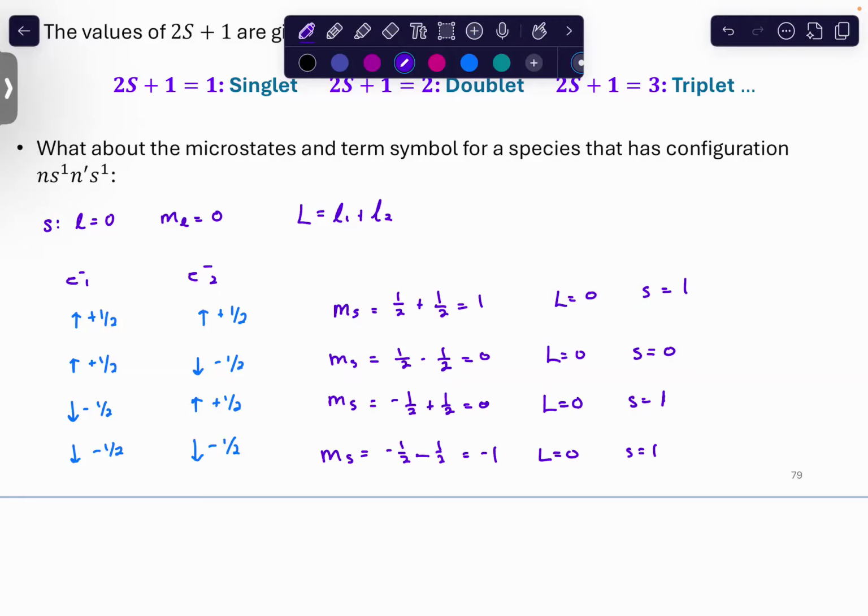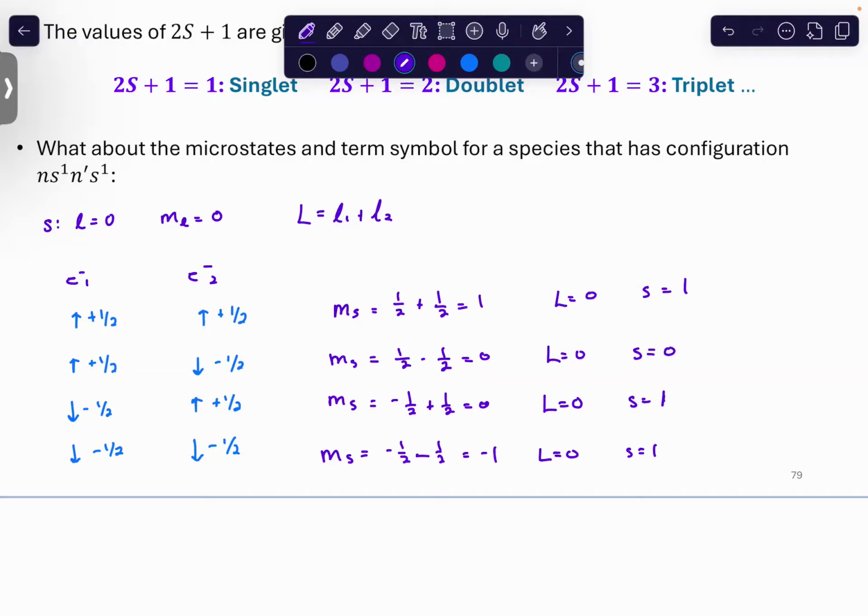But you notice here that we have three spins of 1 and one spin of 0. With three of our S's equal to 1, you know that a 2S plus 1 is going to be a triplet state. The fact that we have a triplet state means you have to have three microstates available for that triplet.